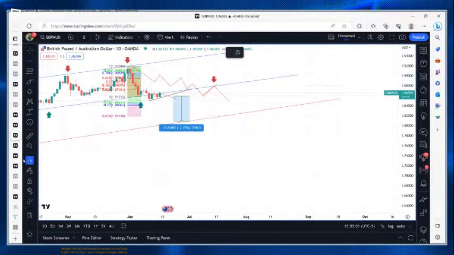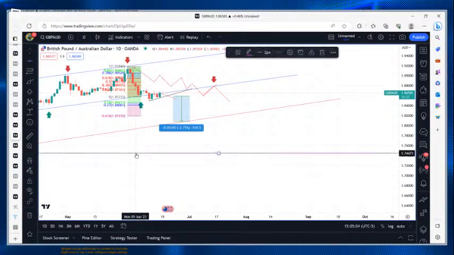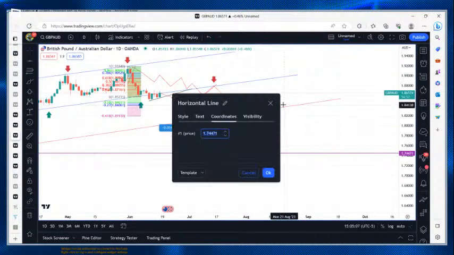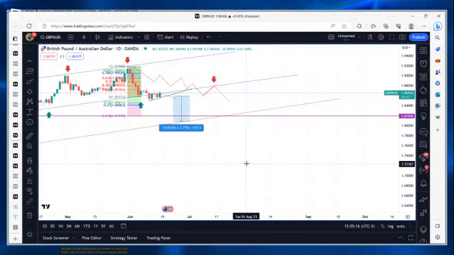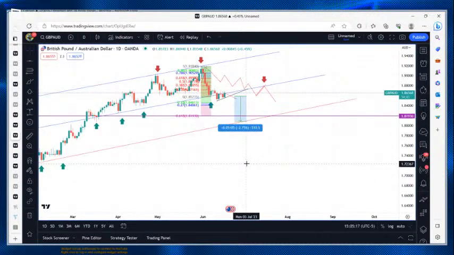which is 1.86. Oh no, not true. So it's 1.81930. You see that possibly by the time the market falls down, by the time the market makes the waves, let's see here, get my trend lines going.